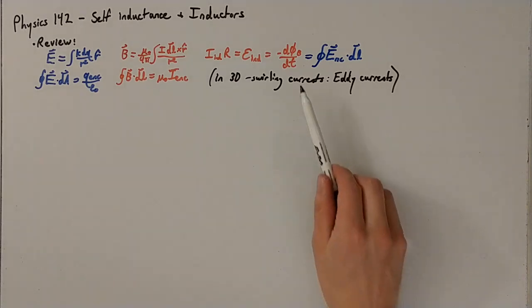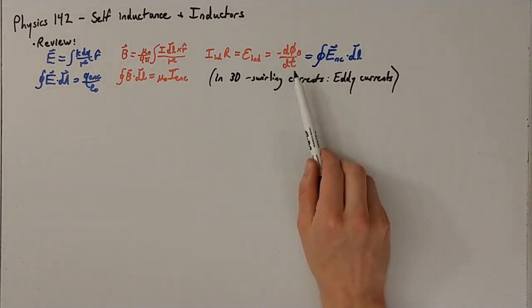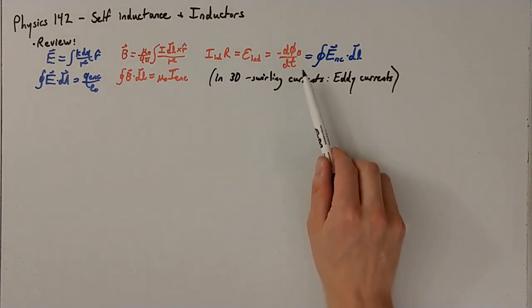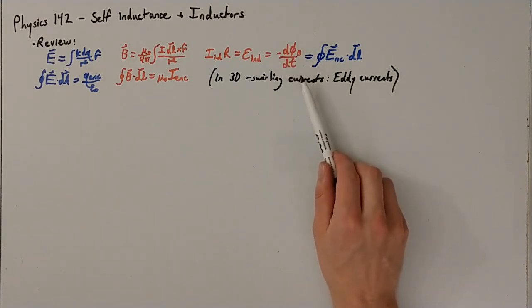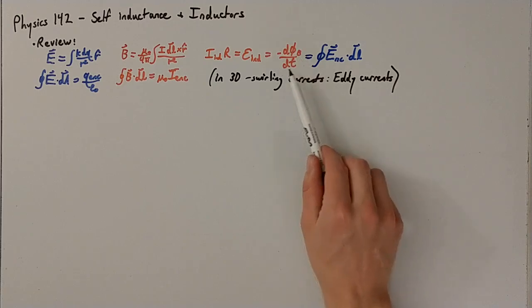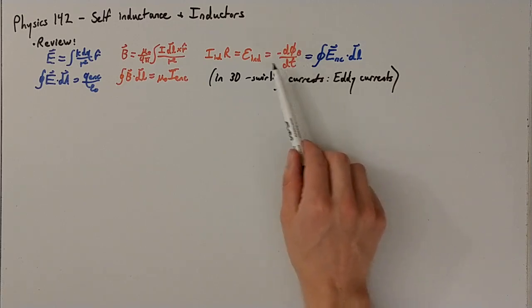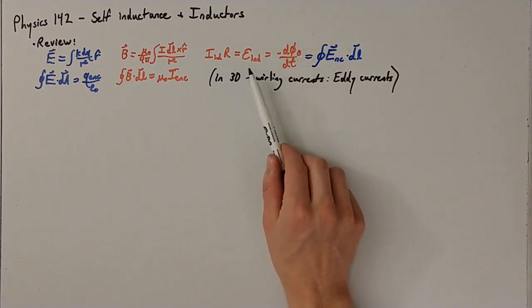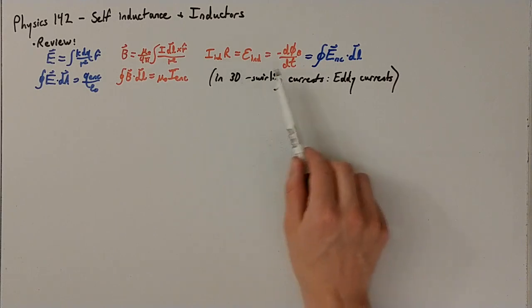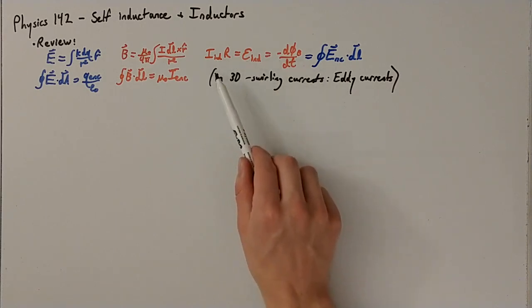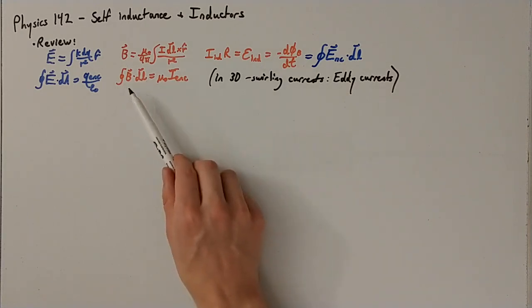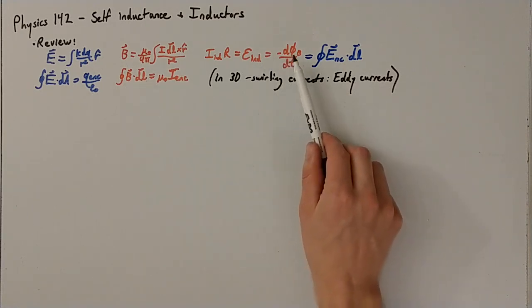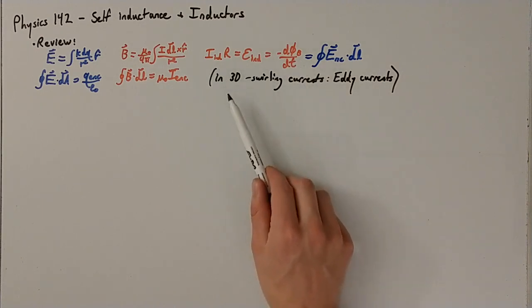What we realized is that if you change the magnetic field, more specifically if you change the magnetic flux, then you get an induced EMF, or we talk about an induced current. An induced potential and an induced current. So just like current creates magnetic fields, if you change a magnetic field, you can get current.